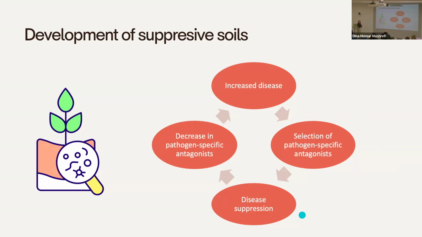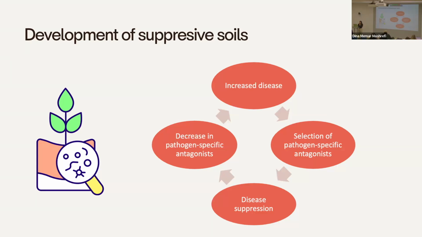But that disease suppression in the long term decreases the selective pressure on pathogen-specific antagonists, and the cycle starts again. Usually, once you get to this point where you have a decrease in pathogen-specific antagonists, this effect can be pretty long-lasting, lasting decades within a field, but it can eventually revert into being conducive to disease.